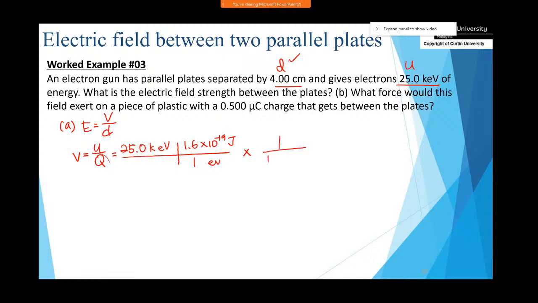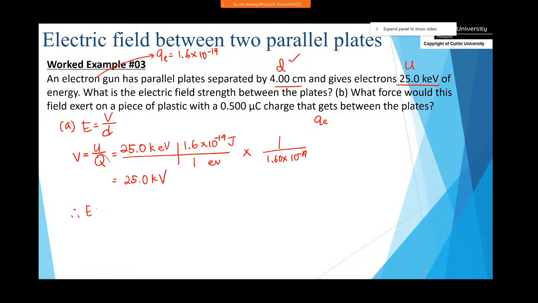So the charge of an electron is also a constant, 1.6 times 10 to the power of negative 19. So the voltage is 25 kilovolts.